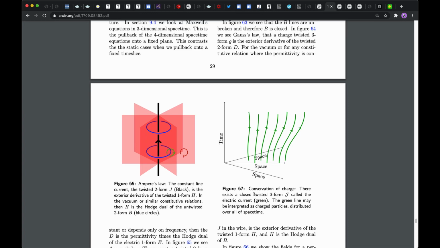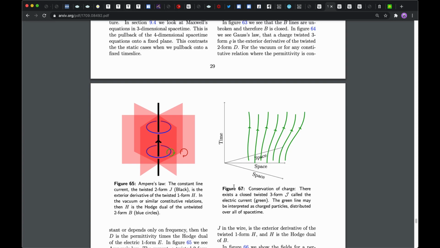But at first we need to start with the conservation of charge, which means that the exterior derivative of the current form in space-time, which is a 3-form, is 0. A 3-form is depicted as lines, and currents are lines in 4-space. The meaning of the equation that its exterior derivative equals 0 is that the form is closed, and therefore we will have a lot of those lines going on or circling.